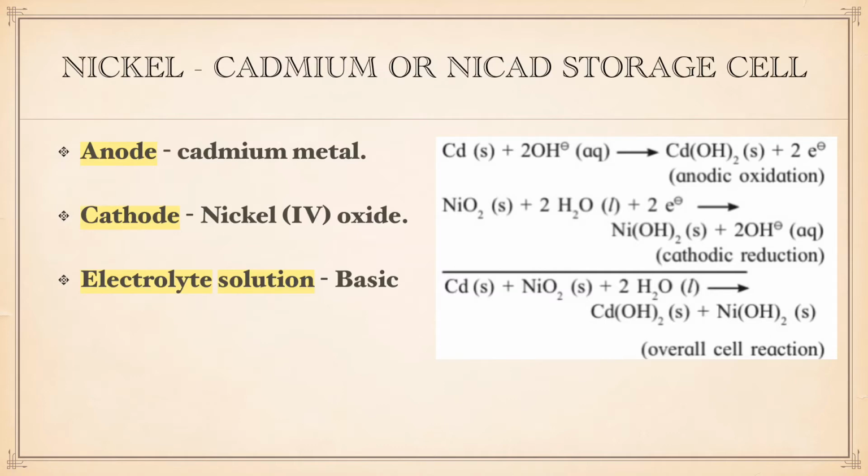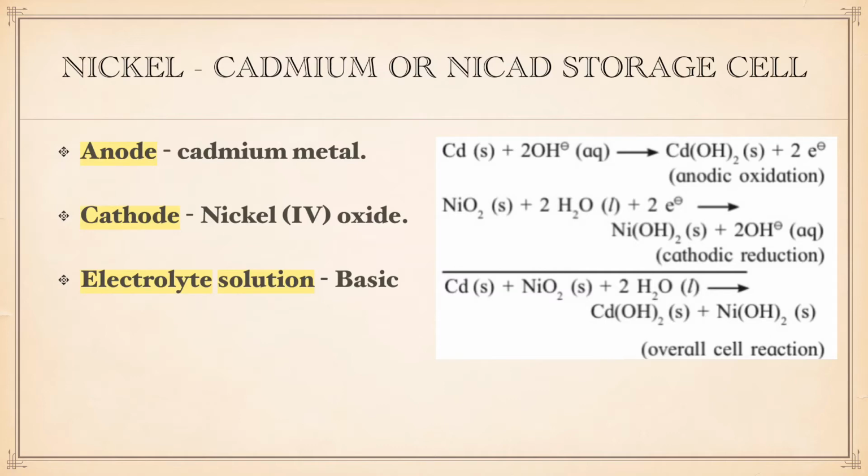The overall reaction here is Cd plus NiO2 plus 2H2O gives cadmium hydroxide and nickel hydroxide. Hopefully you understood this. In the first case, cadmium is getting oxidized, and at the cathode nickel is getting reduced from +4 state to +2 state. A decrease in the oxidation number means reduction.